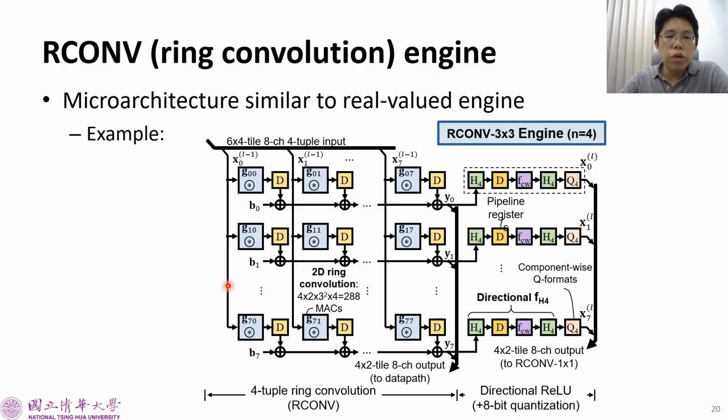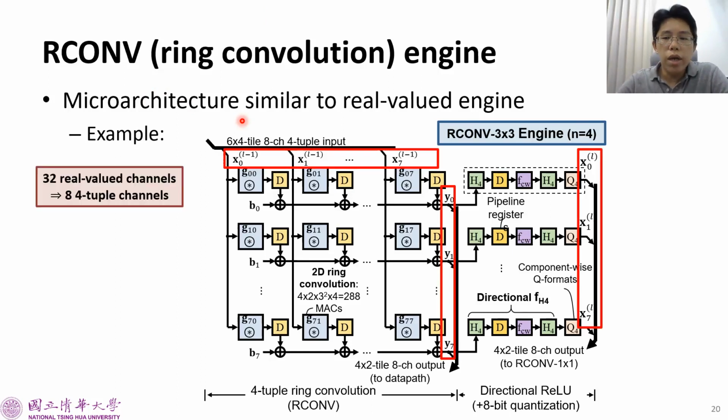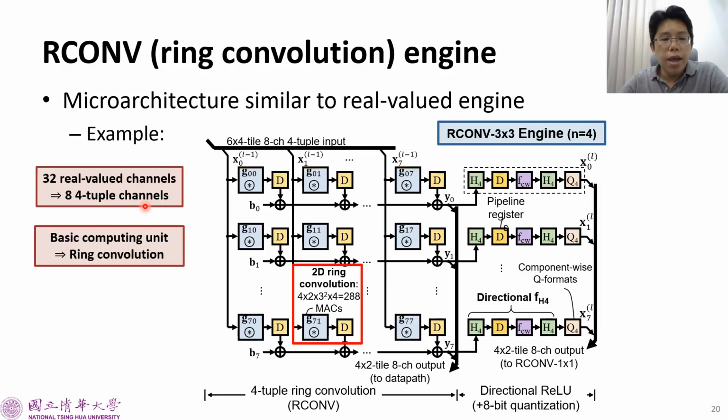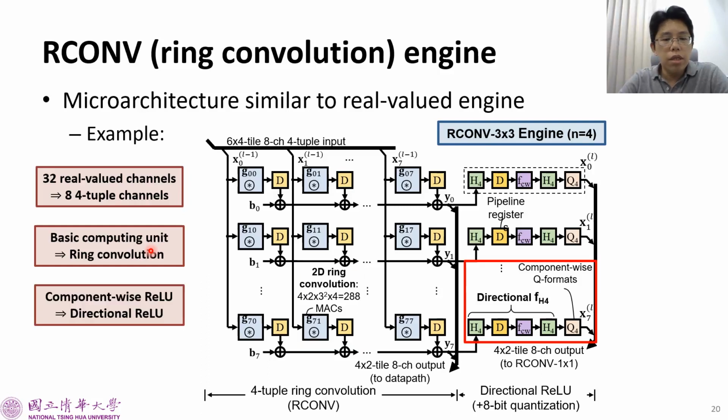And for the ring convolution engine, its microarchitecture is very similar to the real-value engine. For example, for n equals 4, we can replace these 32 real-value channels by 8 4-tuple channels, and then replace the basic computing unit with ring convolution, and finally replace the component-wise ReLU by directional ReLU.